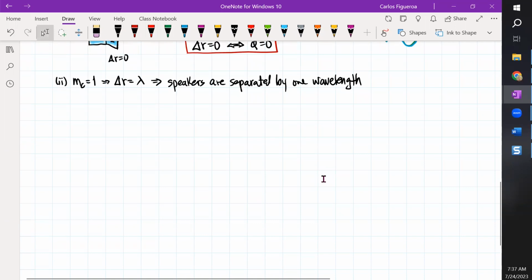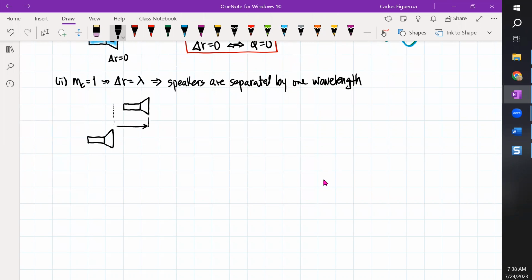So here we go. Now I have my first speaker right here, and I have my second speaker, let's say right here. So now what you're seeing is that these are separated from each other. If I measure the distance from here to here, this distance is delta R equal to 1 wavelength.